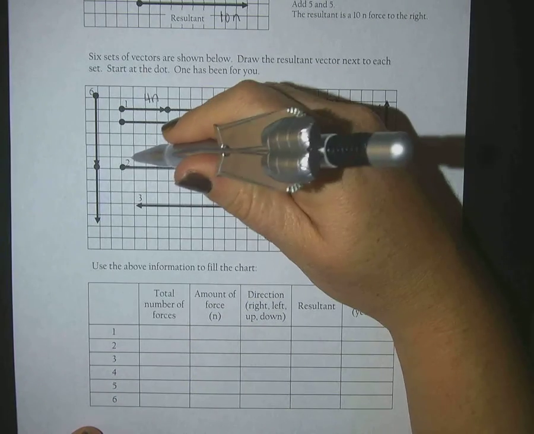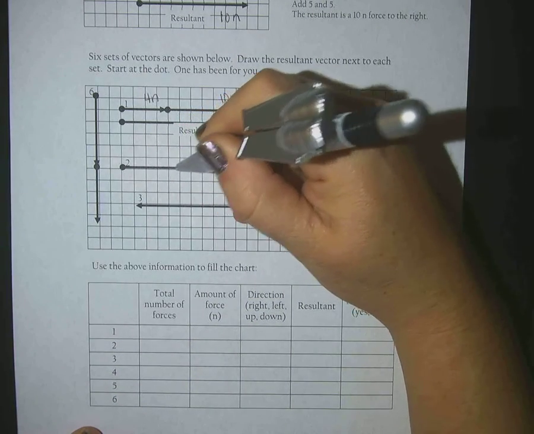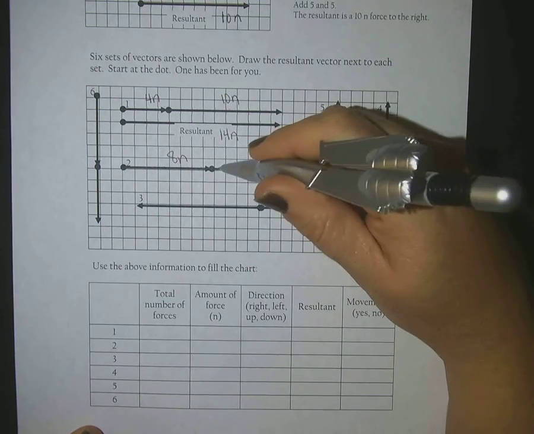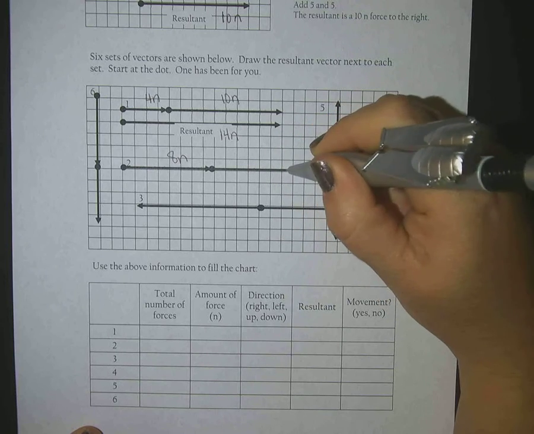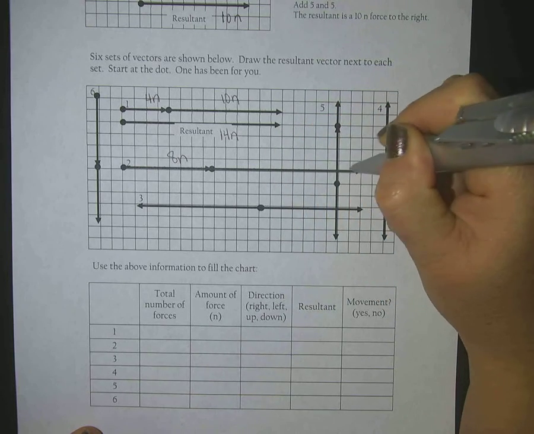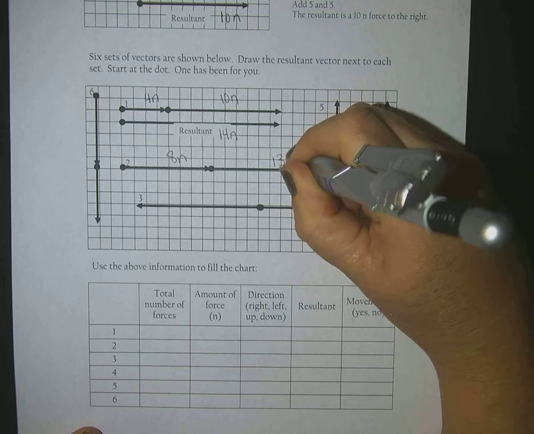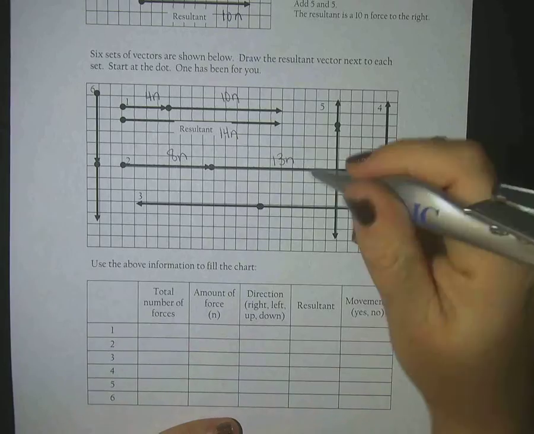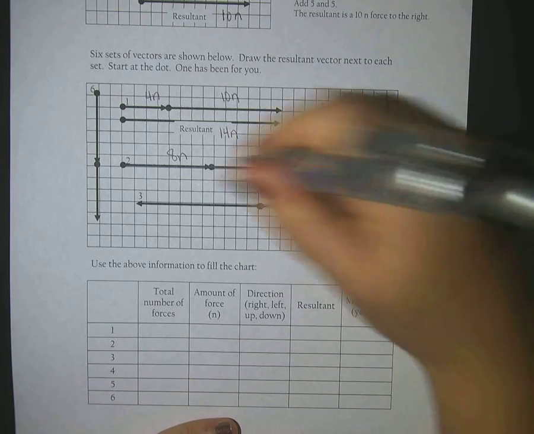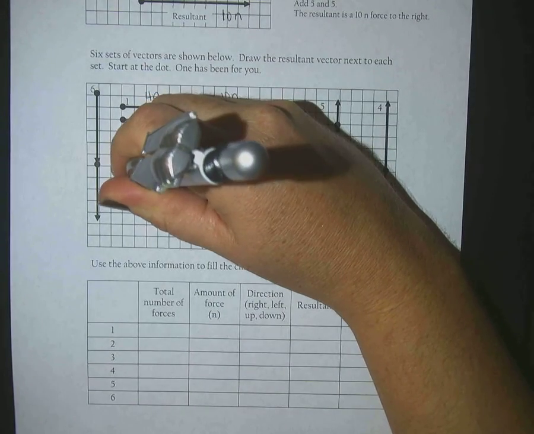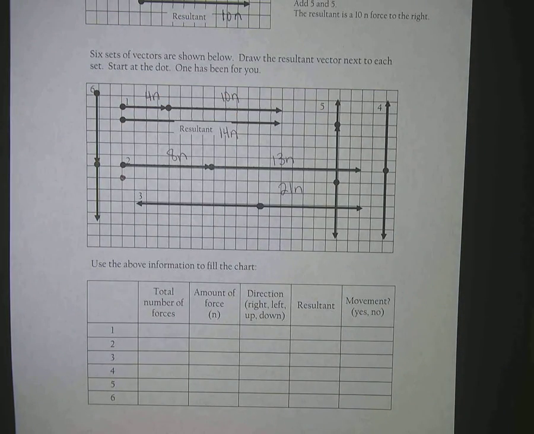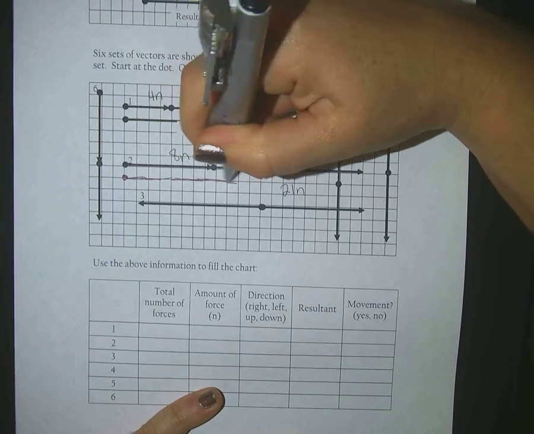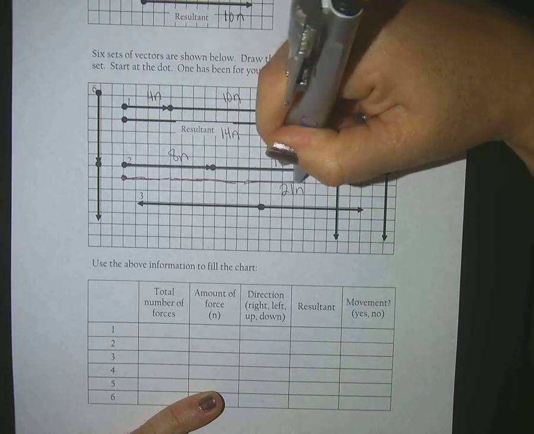So number 2, we have 8 newtons to the right, plus 13 newtons to the right. So our resulting arrow is going to be how many newtons? It's going to be 21 newtons, and we have to draw it. So start under here, and you have to draw it going all the way, yes, all the way across.